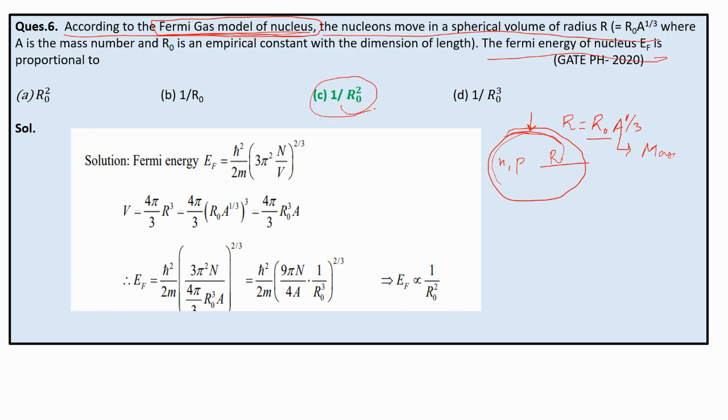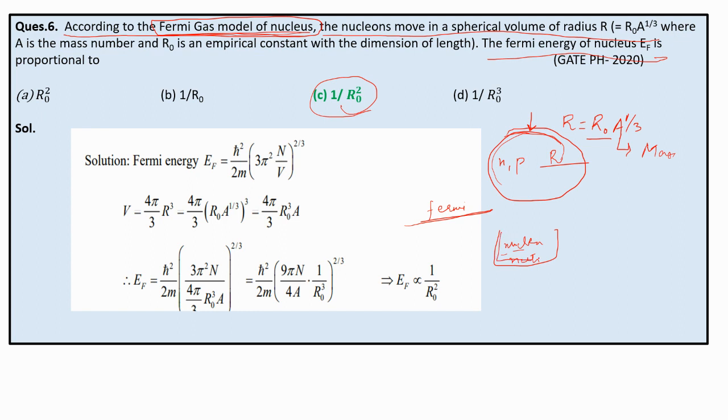First of all, let's discuss this Fermi model of nucleus. What is this Fermi model of nucleus? It is a state of matter which is a group of many non-interacting fermions. Suppose this is a nucleus, and it contains so many nucleons, and we know that nucleons are neutrons and protons, and they are fermions.